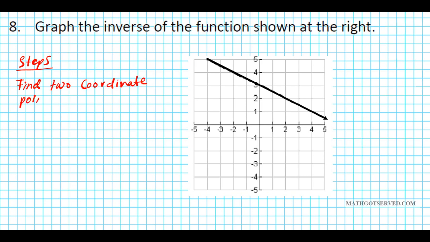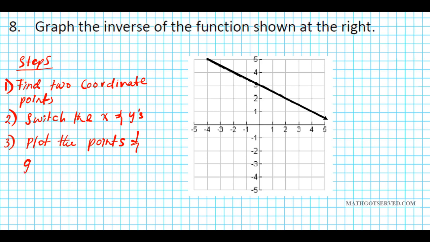And after finding 2 coordinate points, you simply switch the x and the y's. Now what's happening when you switch the x and y's is that you're finding the inverse. Your input is becoming your output, and your output is becoming your input. Okay, so when you switch the x and y's, plot the points and graph your line, graph the inverse.